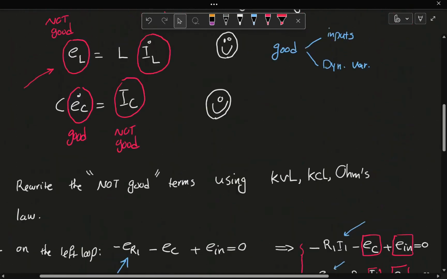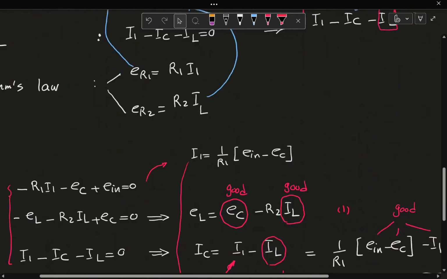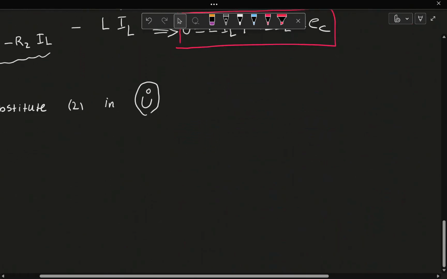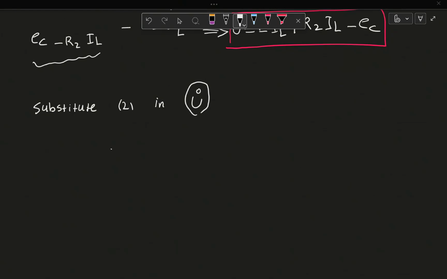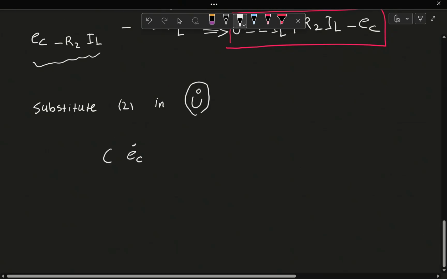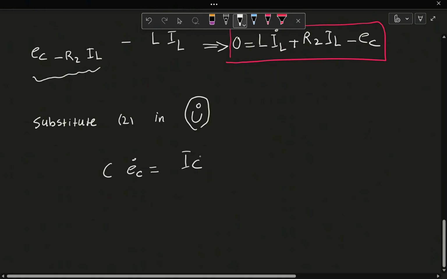That was the equation for the capacitor. Yes, so let's go ahead and rewrite cyclope here. C E dot C is going to be equal to IC. Yes, now instead of this IC here, I'm going to write equation 2.